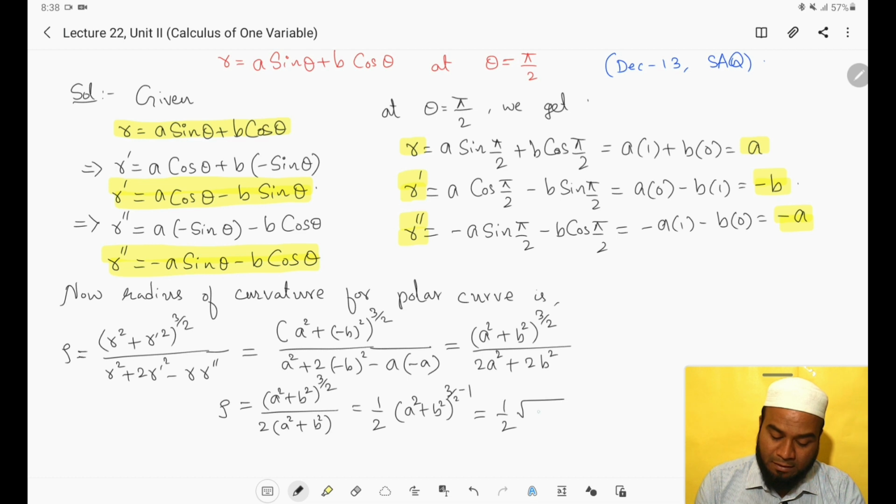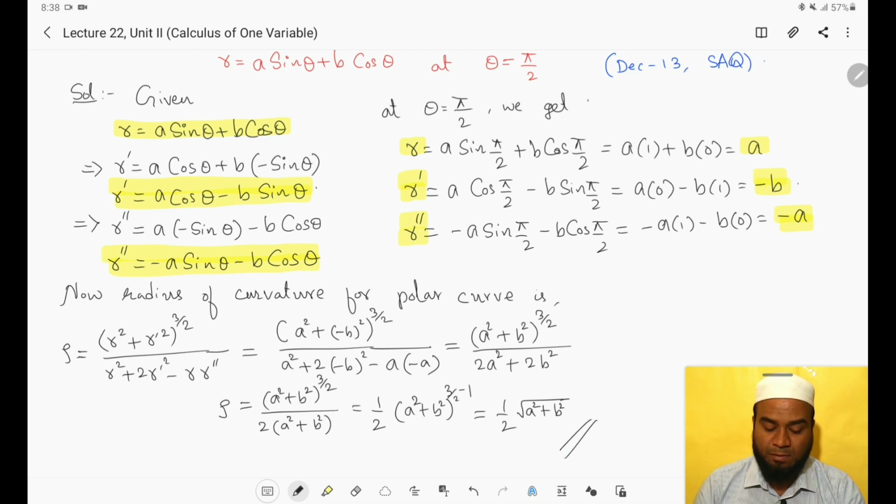So when you simplify this, you will get power 1 by 2, which is nothing but square root. So the radius of curvature is given by 1 by 2 square root of a square plus b square.